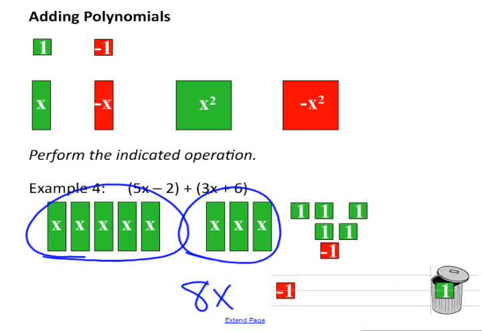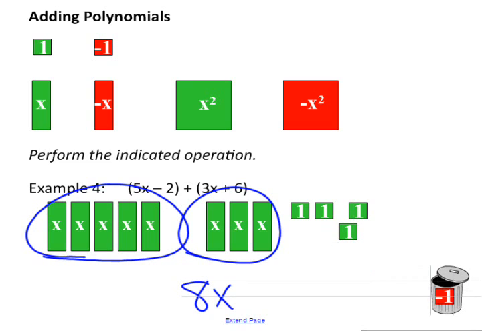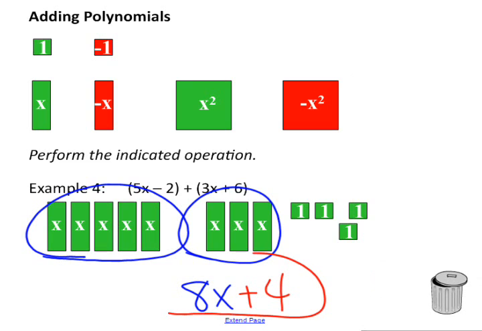So I'm going to take the positive 1 and the negative 1 and toss it, put it in the trash can, because they are 0 pairs. I can do that again. I have another 0 pair. What I'm left with is 4 units. So 8x plus 4 would be your final answer.